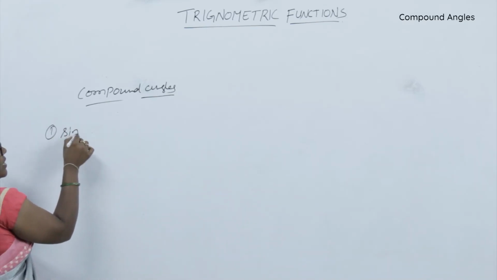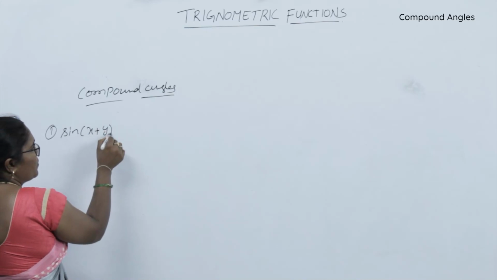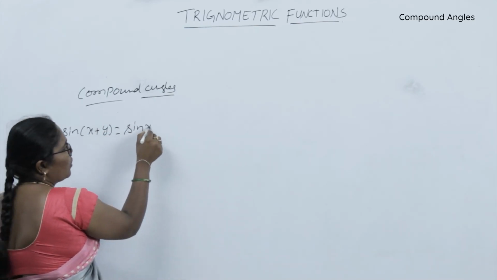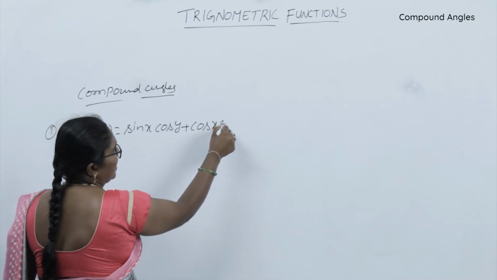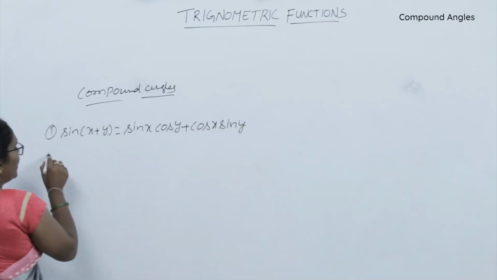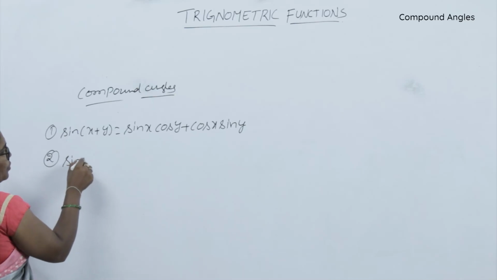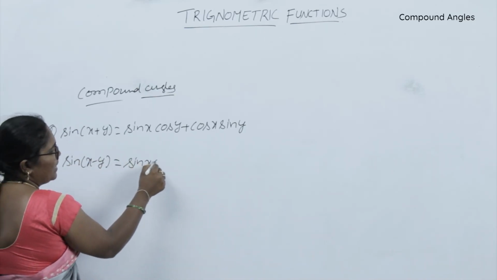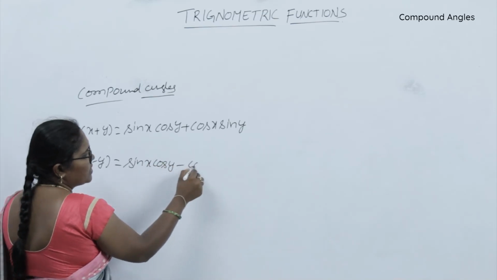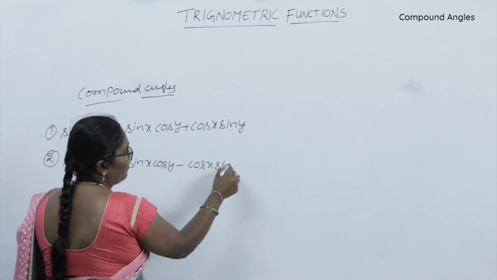It means sin(x plus y). What is the formula for sin(x plus y)? Sin x cos y plus cos x sin y. And we can remember this easily, I will tell you how. Sin(x minus y) is equal to sin x cos y minus cos x sin y.